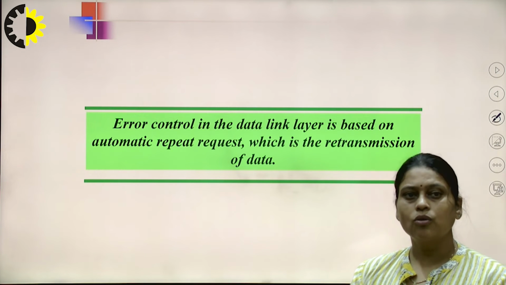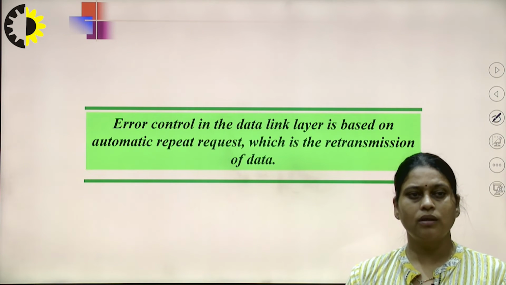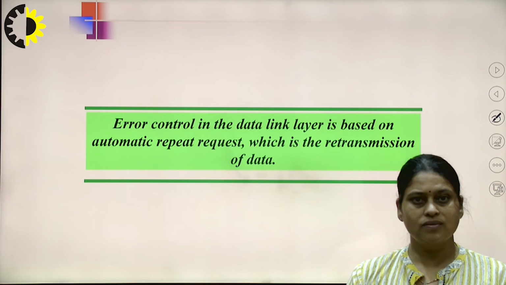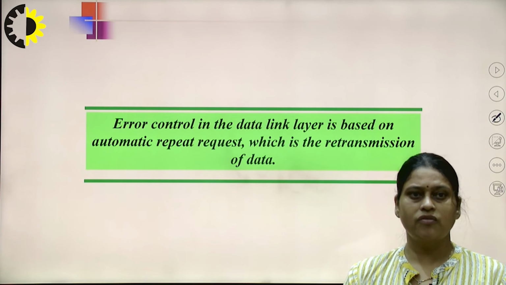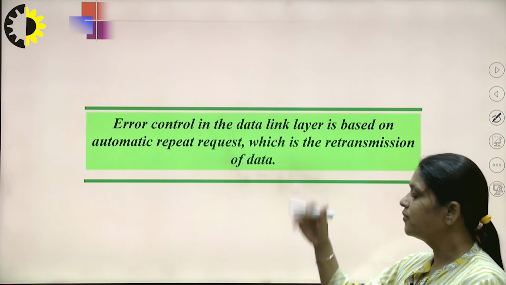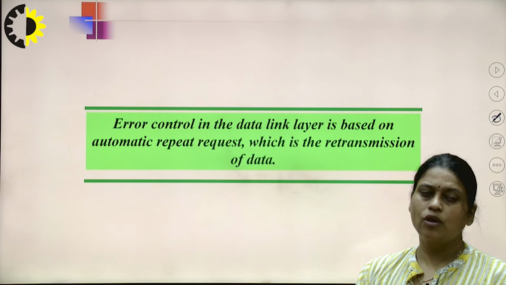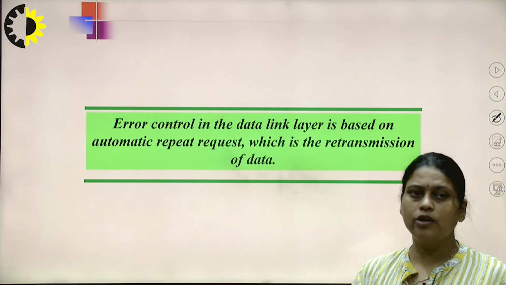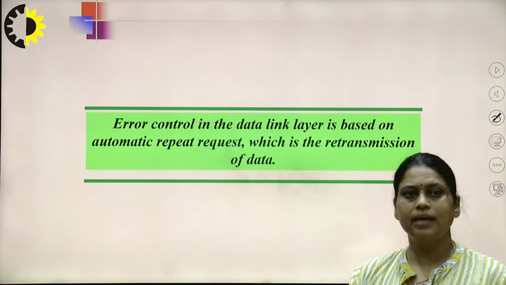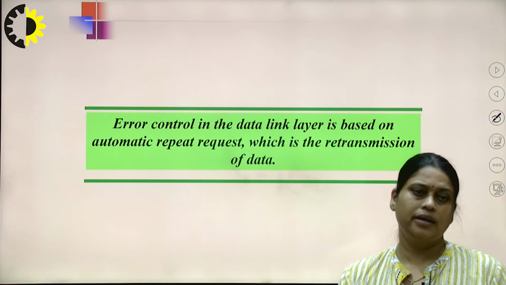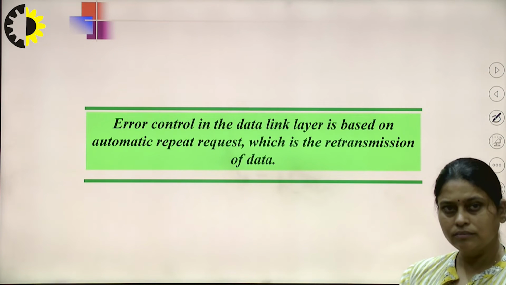So, error control in the data link layer is based upon an automatic repeat request, which is a retransmission of data. Suppose there is any error in the channel, and for any reason your data is lost.